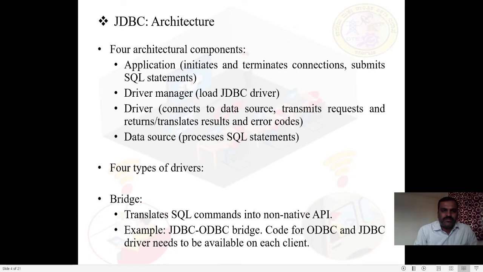Second, the driver manager loads the JDBC driver. Third, the driver connects to the data source, transmits requests and returns or translates results and error codes. And the fourth component is the data source, which processes SQL statements.